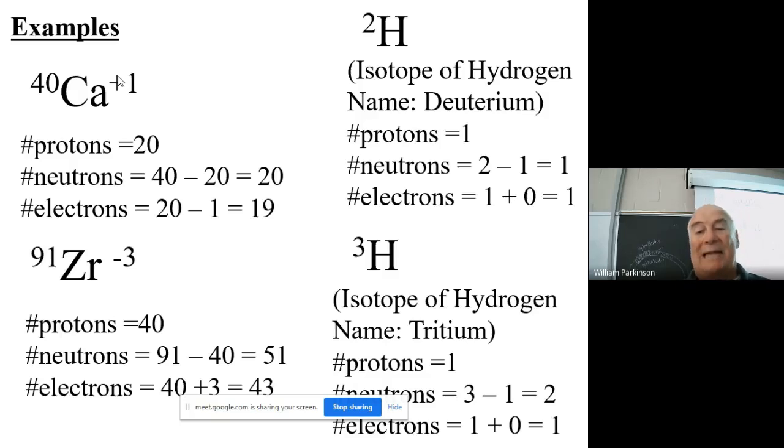This is a radioactive isotope of hydrogen. It has one proton because it's H, but now the mass number is 3, so it has 3 minus 1 or 2 neutrons in tritium. And since there's no superscripted charge, it must have the number of positive charges as it has negative. And since all hydrogens have 1 positive charge, tritium has 1 negative charge.